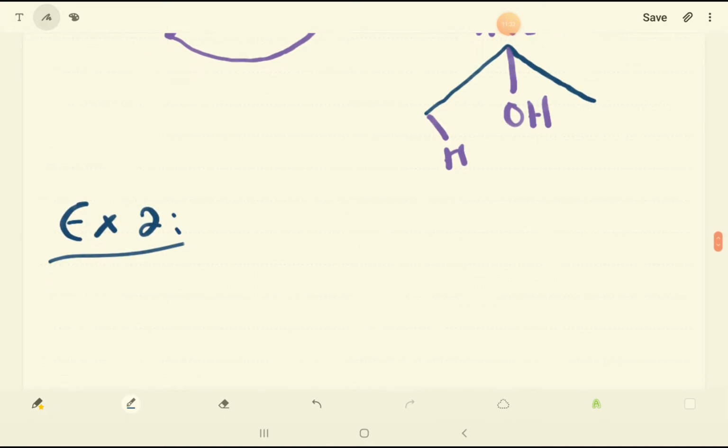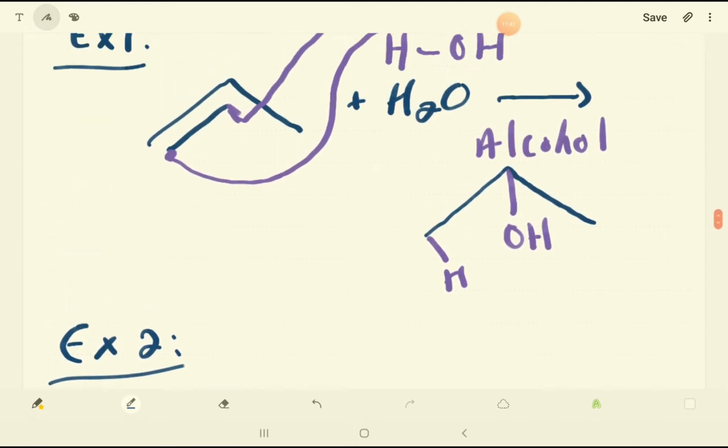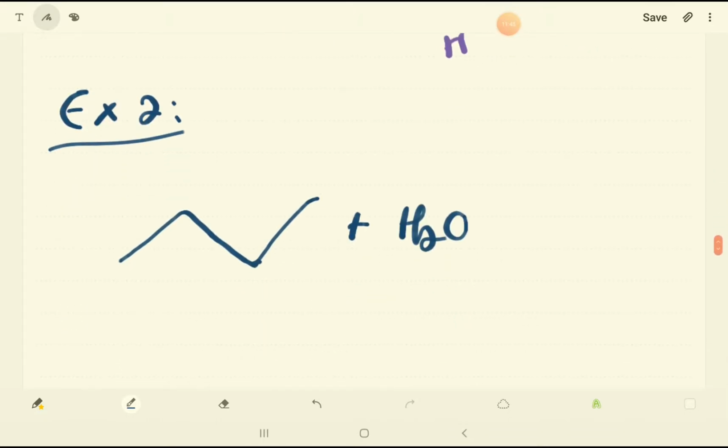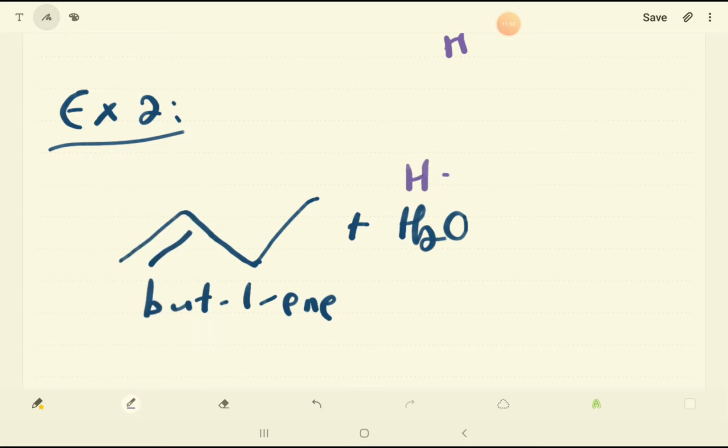let's say I were to do, okay, this time we have a but-1-ene. So, just like we did in our previous example, we're going to split our H2O into H and OH.